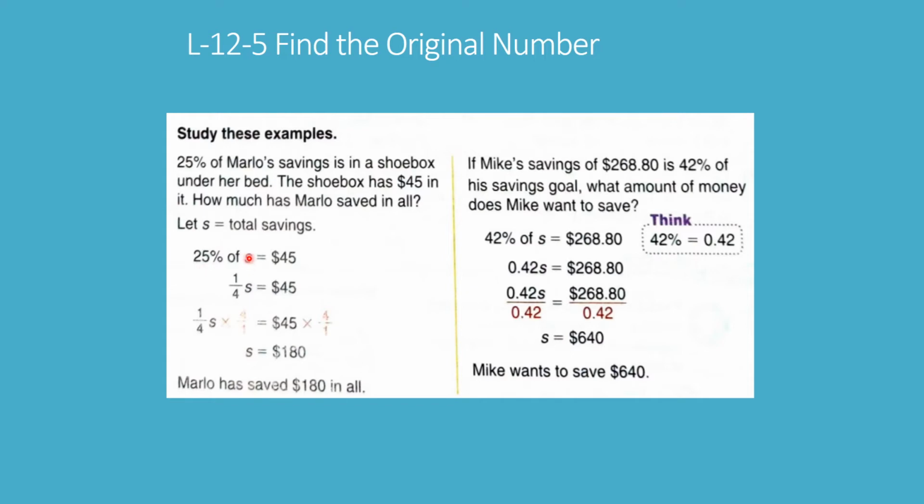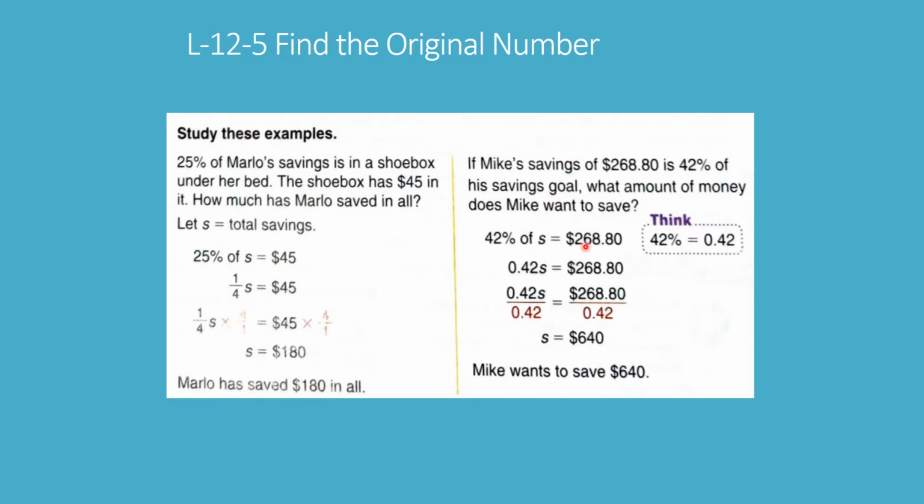The base here you can put as saving, s, is equal to 45, and 25 divided by 100 simplified as a fraction is 1 by 4. Then the reciprocal is 4 by 1 on both sides. Then s is equal to 45 times 4, which is 180. That means the total saving is 180.